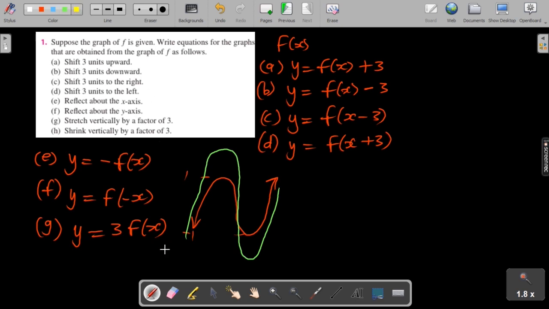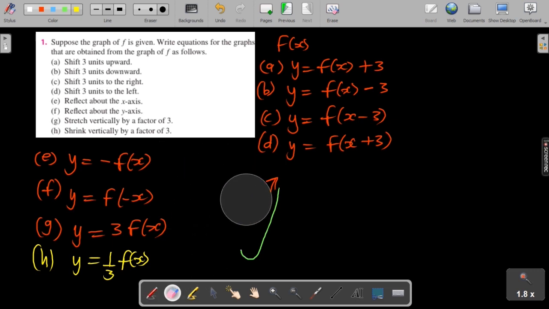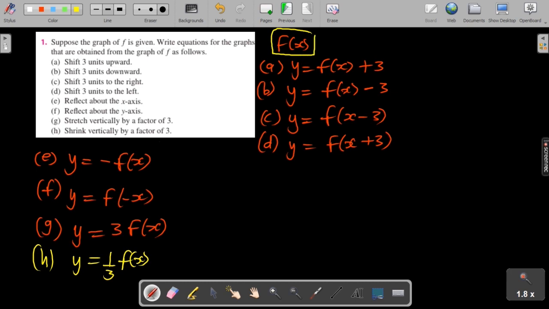Multiply by 1 over 3, which is what we're going to do for the last question, to shrink by a factor of 3. This is what it would look like. Then it'll be at 1 over 3 and minus 1 over 3, so it'll be much, much smaller. Basically, it influences the amplitude or the size of the graph. So these are all the transformations applied to some original function f of x.